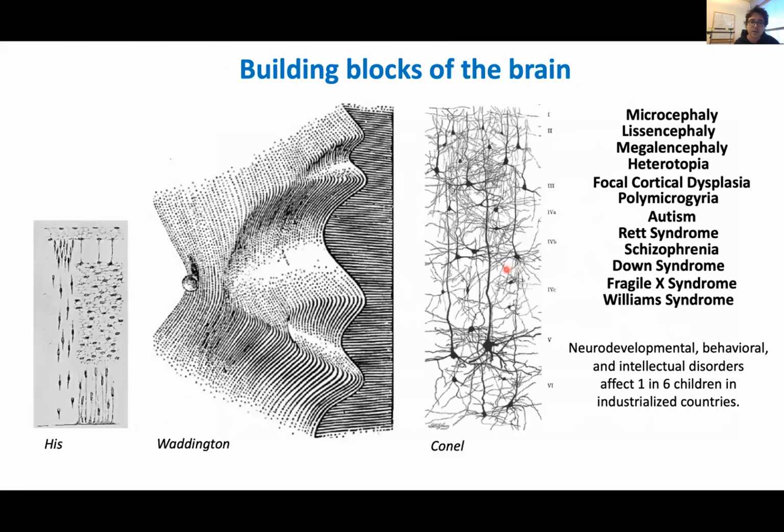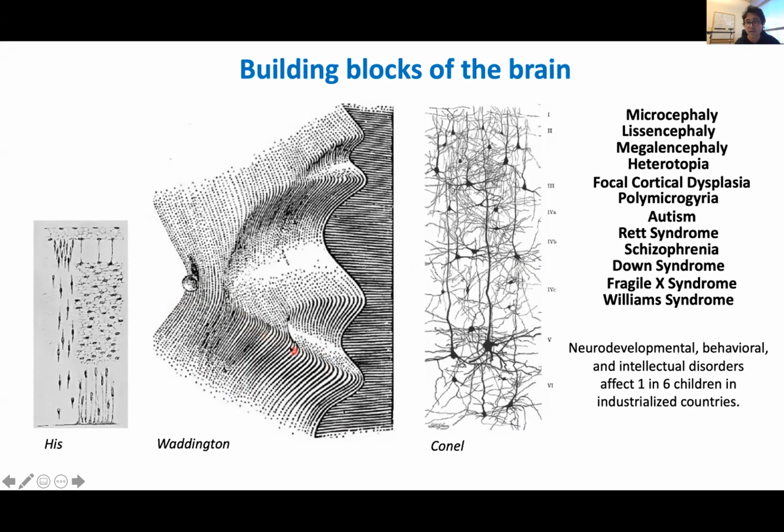And so, as you've heard today, the cerebral cortex and the diverse neurons and glia emerge through a series of neurodevelopmental events illustrated here by a drawing from Conrad Waddington, where neuroepithelial or radial glia stem cells traverse through different states in development and undergo consecutive changes and consecutive decisions.